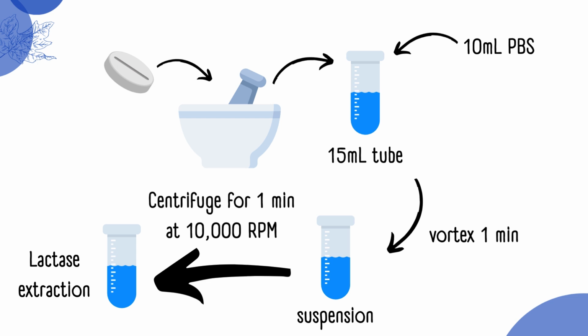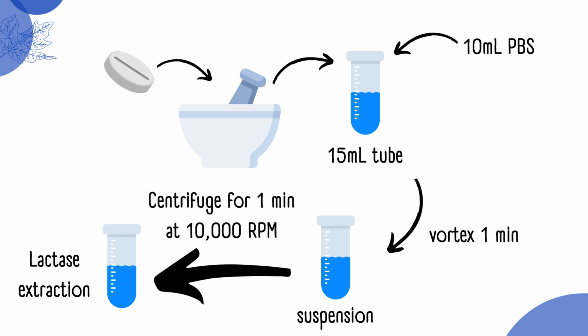To begin with, lactase was extracted from commercial lactase tablets by crushing one tablet into a fine powder using a mortar and pestle. The powder was transferred into a 15 ml tube and 10 ml phosphate buffered saline was added to suspend the powder.